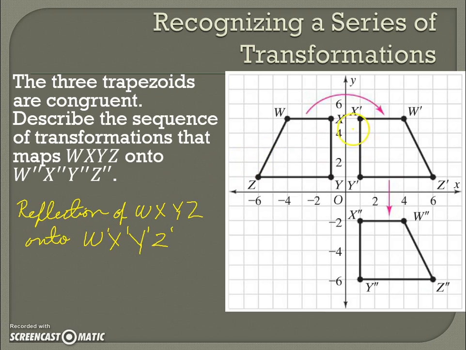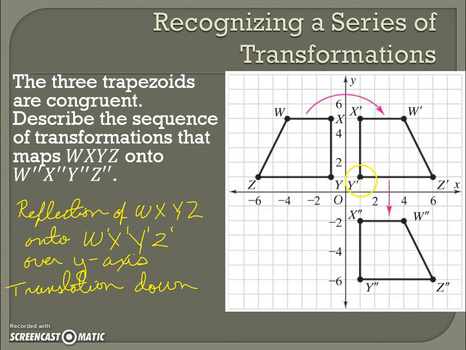So that gets this from here to here. Now how do I get from here to here? Well, it looks like it slides. The orientation doesn't change. So we would call that a reflection over, we got to say what it's reflecting over, the y-axis. Then down here, this would be a translation down.